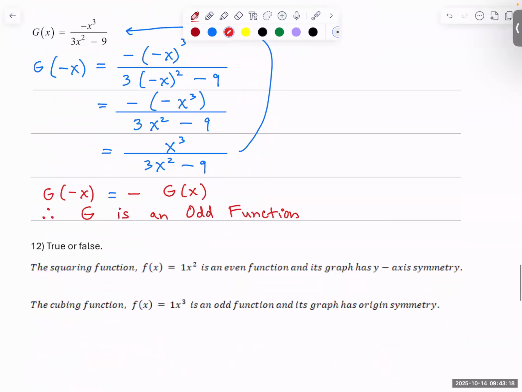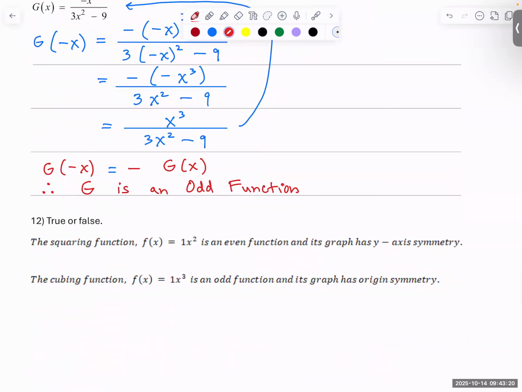These last two are short answer. True or false: the squaring function, f of x equals 1x squared, is an even function, and its graph has y-axis symmetry. This is true.